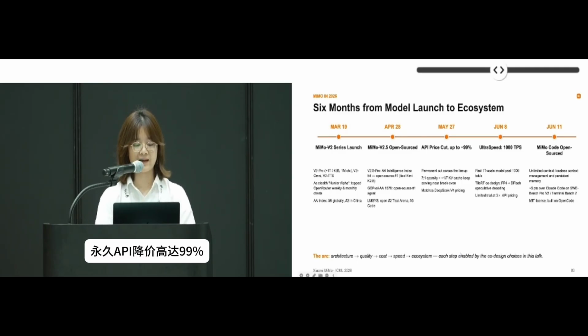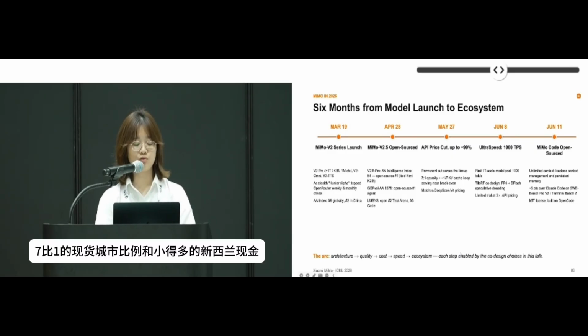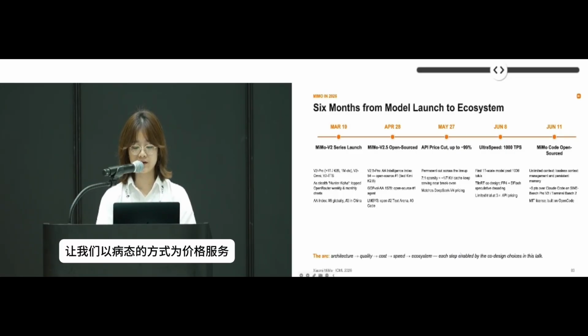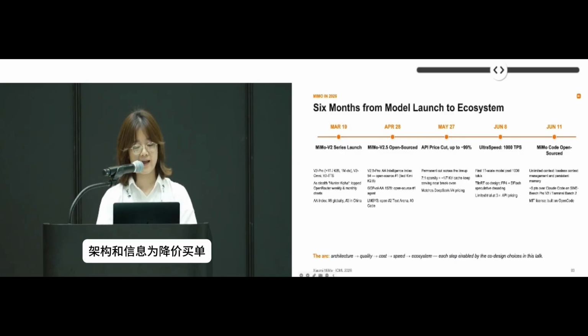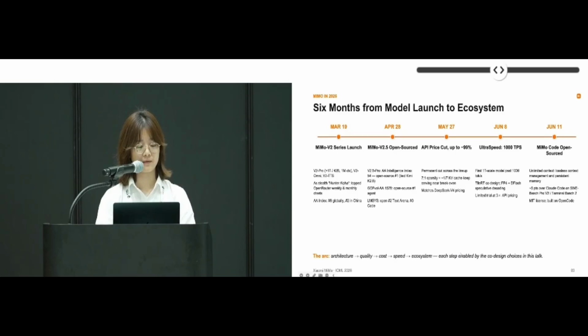A permanent API price cut of up to 99%. And the 7-to-1 sparsity ratio and the much smaller KV cache let us serve at the DeepSeek V4 prices without losing any money. In other words, the architecture and the infra pay for the price cut.